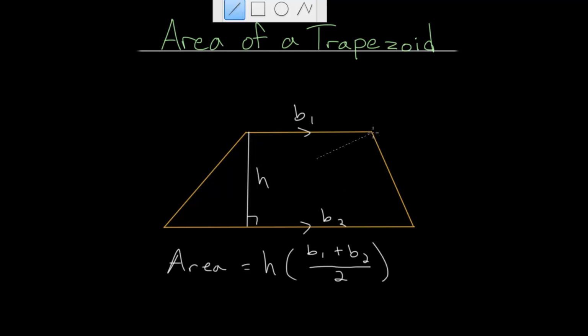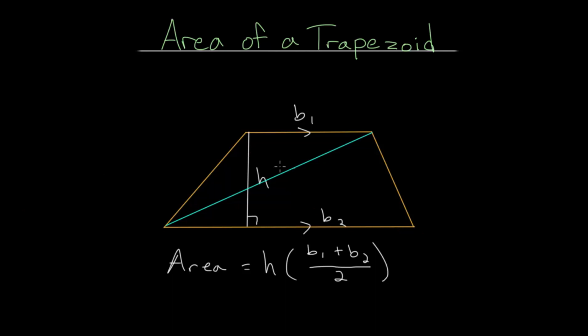We can go from this corner to here. It doesn't matter. In either case, the bottom triangle would have its base as B2 and its height as h. And likewise, the top triangle will use B1 as its base and h as its height. So it doesn't matter which way you split it. The main idea is you get two different triangles that we can find the area of.